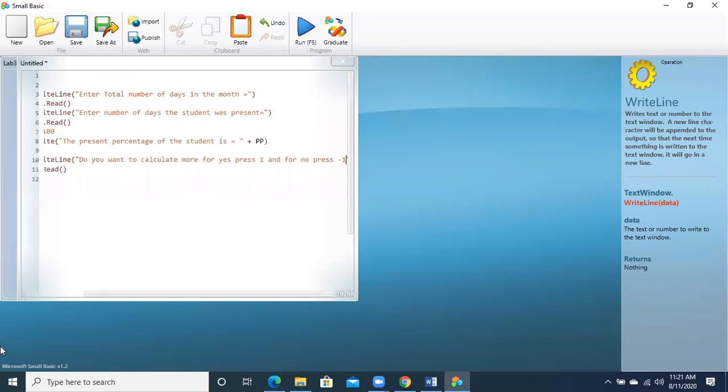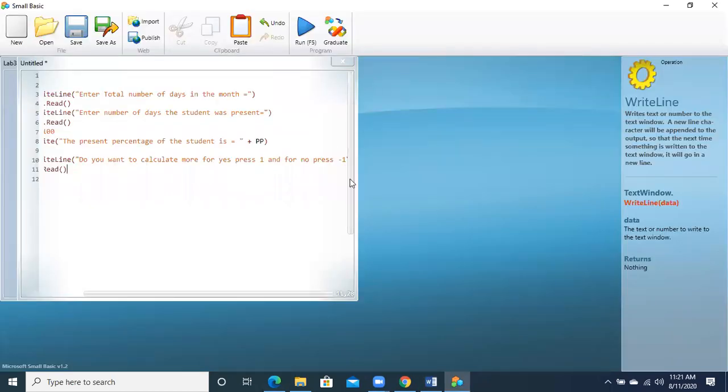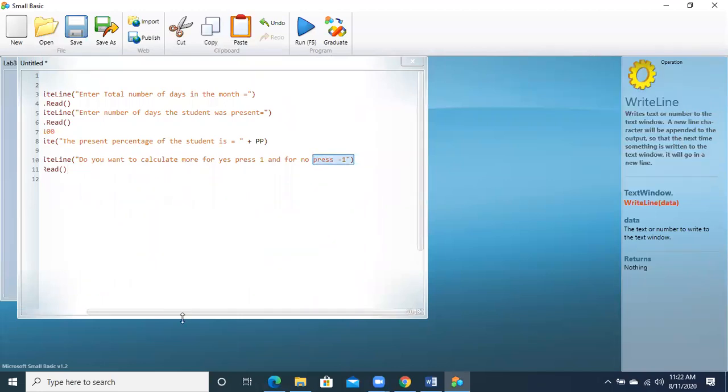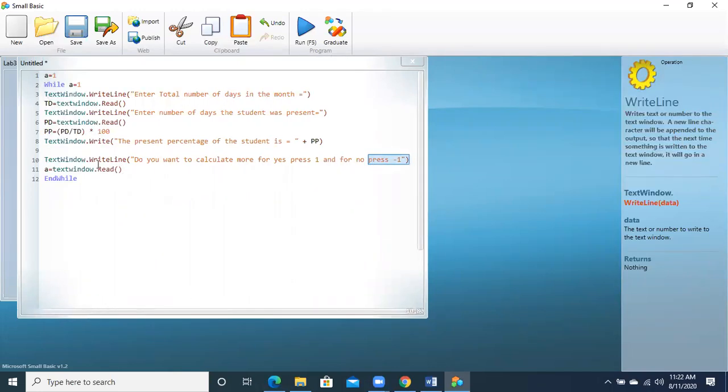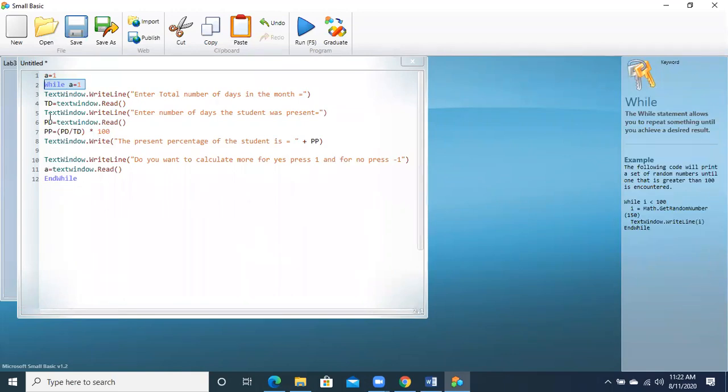Because in the problem statement it is given, when the user presses -1 then the program will stop. तो हमने कहा है कि अगर आपने continue करना है press 1, otherwise if you don't want to continue press -1. और उसको हमने कहाँ save किया है? We have saved it in the variable a, which will keep running until the value of a is 1.